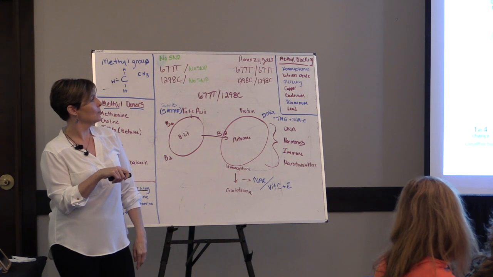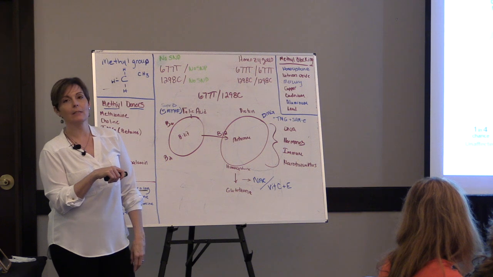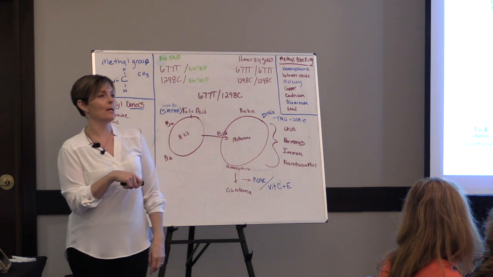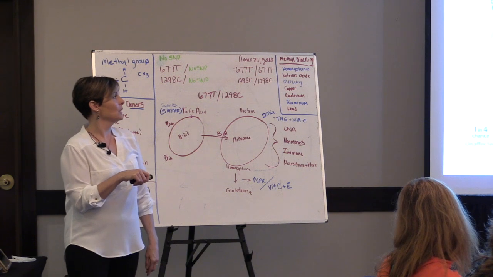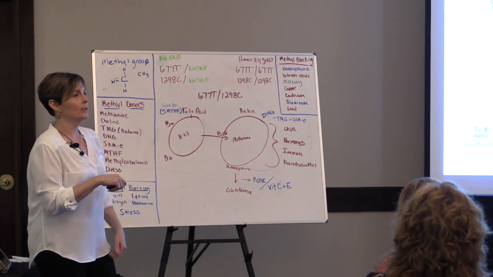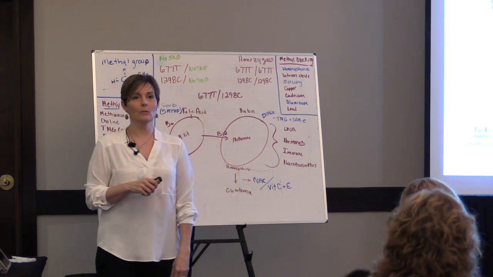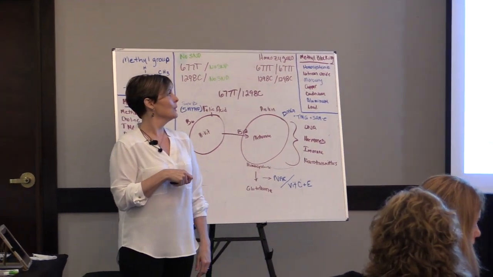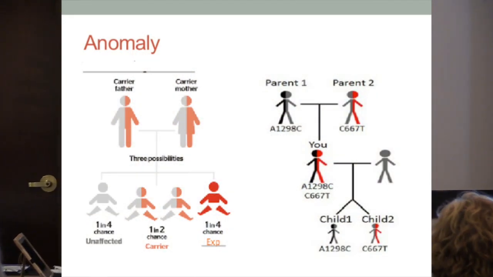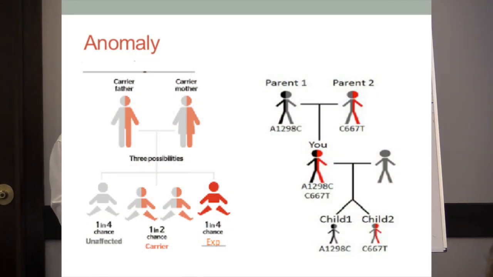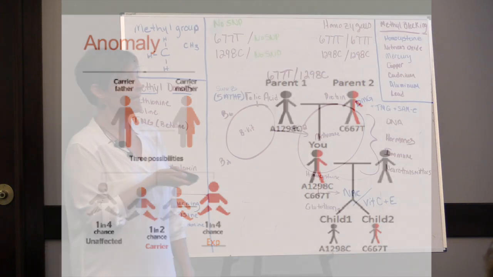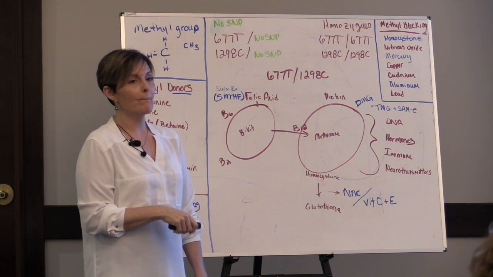They get married, and here you are, 1298, 677, compound heterozygous, which means you're sick all the time. You don't know why. You have every ism, itis, orifice, everything you think of, and nobody can figure out what's wrong with you. This is what's happening to our population, and it's growing. Now this person can marry a completely healthy person with no mutations whatsoever, and they're going to have children that are now carriers of both. It just keeps going, and this is basically what's happening. But the carriers of both are still going to have some.